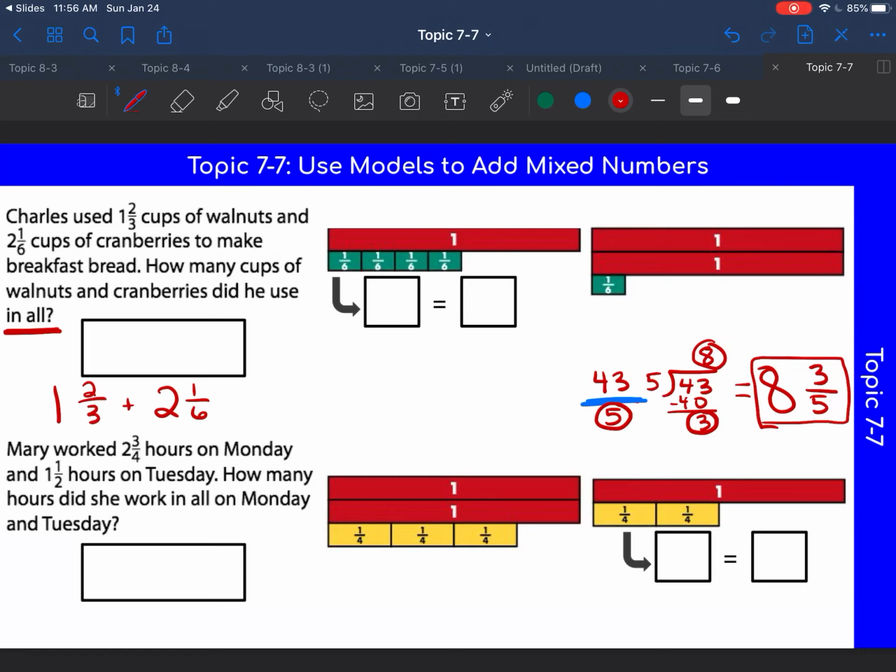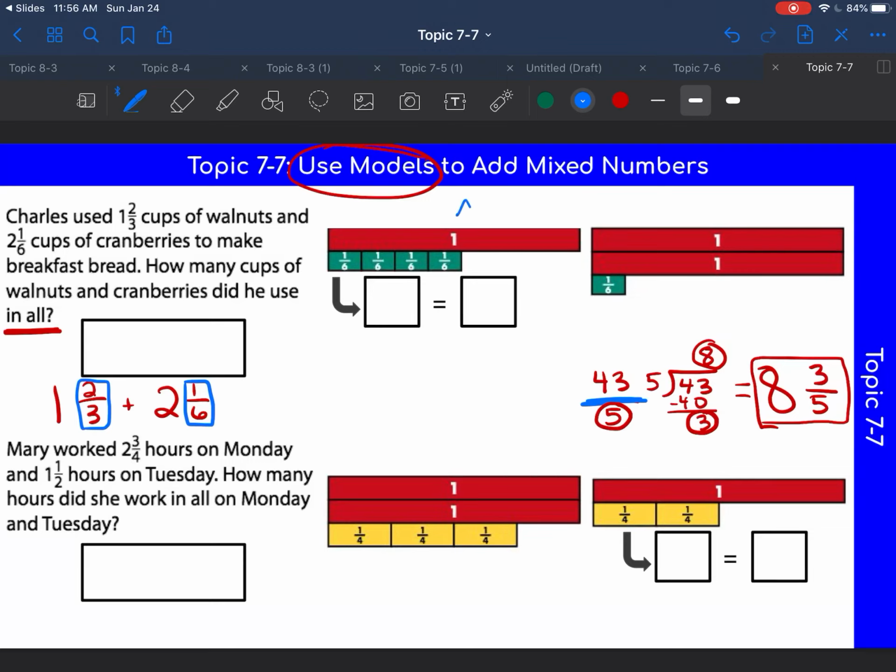Now, today what we're going to talk about is using models. So we can add this, obviously, and we're going to talk more about that tomorrow. But I also want to show you how using fraction strips, you can also find the answer. Okay, now, just like regular adding fractions, guys, we cannot add these two things because they do not have common denominators.